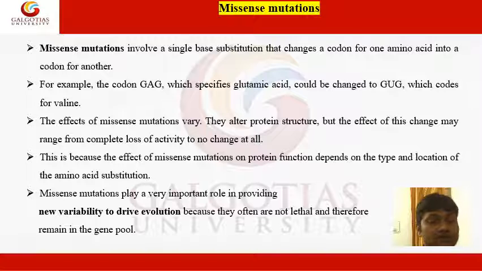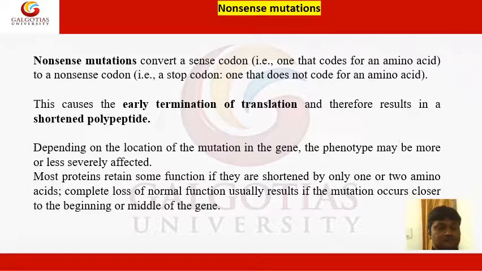This is because the effect of the missense mutation on protein function depends on the type and location of the amino acid substitution. Missense mutations play an important role in providing new varieties for evolution because they often are not lethal and therefore remain in the genes.